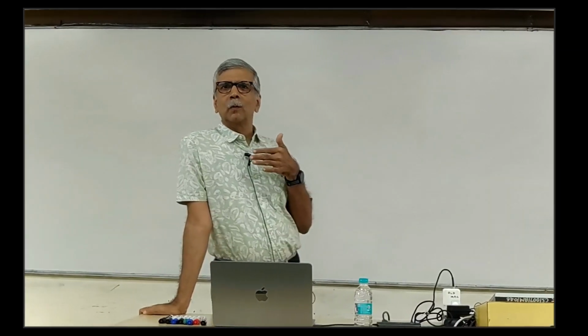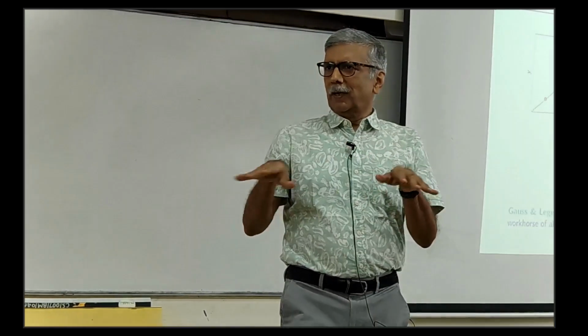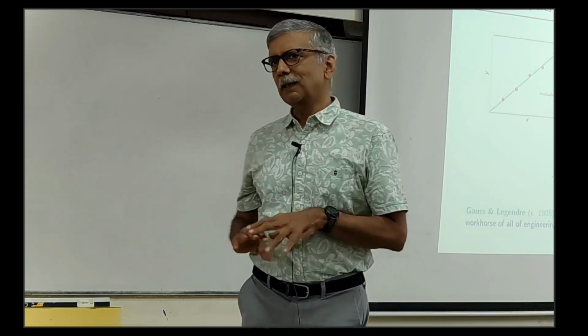What is the value of m and c where the slope becomes 0, right? And that's the point where you are minimizing the error, right? So that's a calculus way of doing things, but that's fine. That's finding out the slope and finding out m and c, that's all fine.